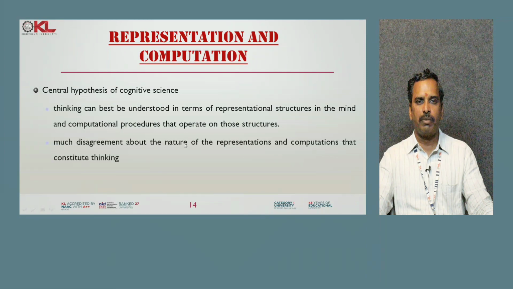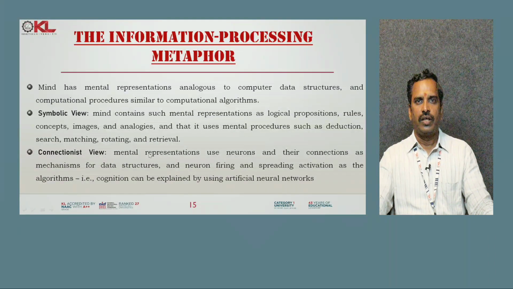There is much disagreement about the nature of the representations and computations that constitute thinking. The information processing metaphor. Here in this slide there are two different views: one is a symbolic view and one is a connectionist view.